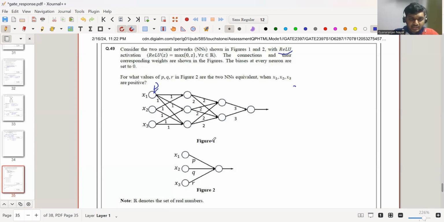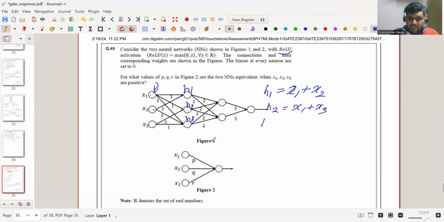Suppose this is the input layer, that is x1, x2, x3. Here it is hidden layer 1, hidden layer 2 and hidden layer 3. So for hidden layer 1, if you calculate the weights, x1 plus x2. Similarly for the next one, x1 plus x3.